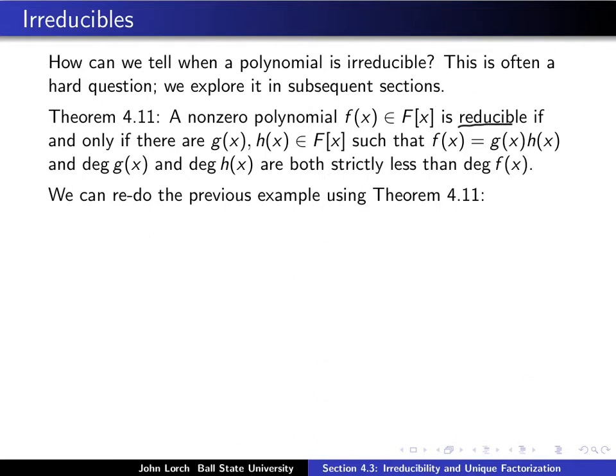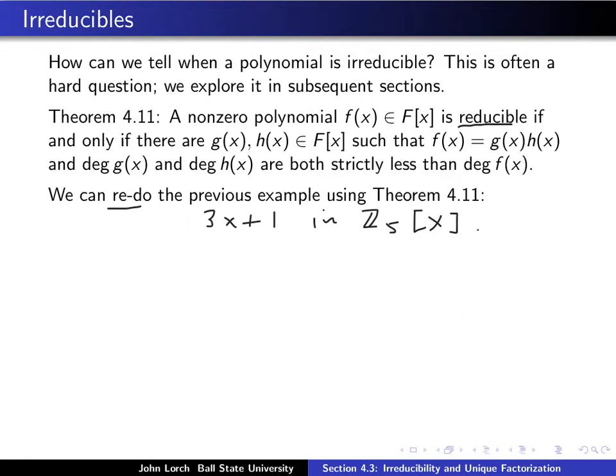Right, now we're going to redo the previous example using this theorem. So you might remember that in the previous example we had this polynomial 3x plus 1 in the polynomial ring Z5 adjoin x.